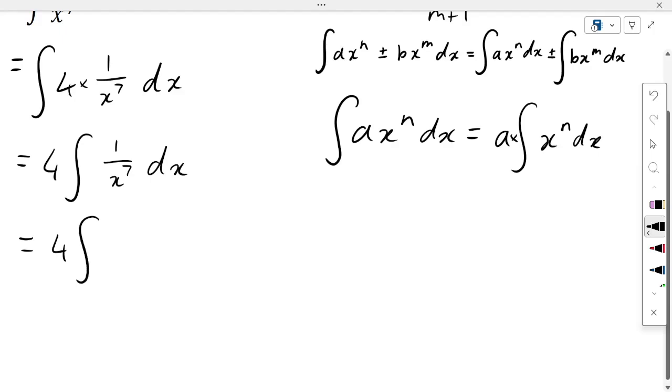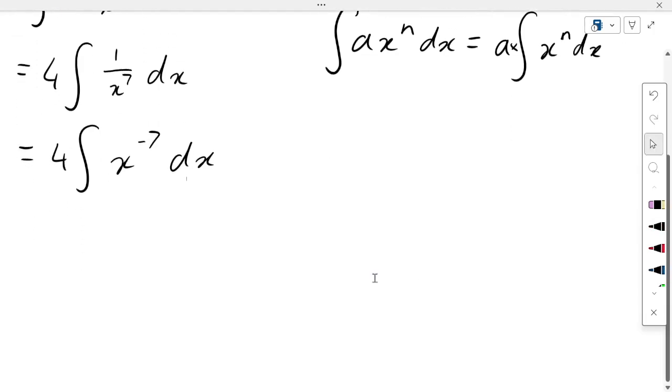So this is going to be 4 multiplied by the integral of, so this 1 goes over here. That's 1 multiplied by x to the power of negative 7. So we don't have to write the 1 here. So it's actually x to the power of negative 7 with respect to dx.